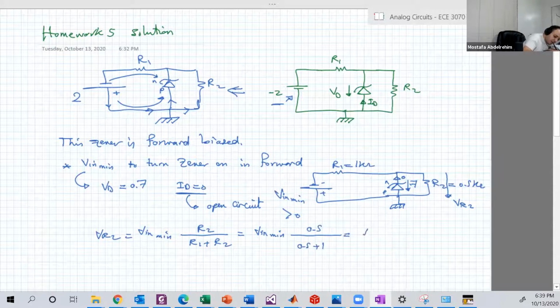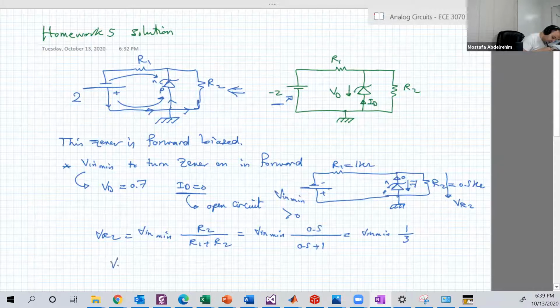It's actually 1 over 3, right? Yes, 1 over 3. This is half over 1.5, so just 1/3.